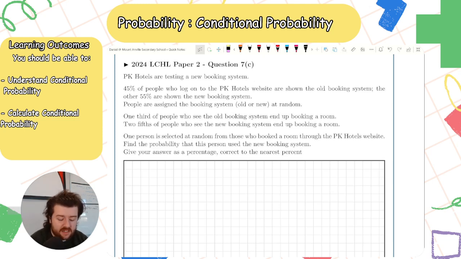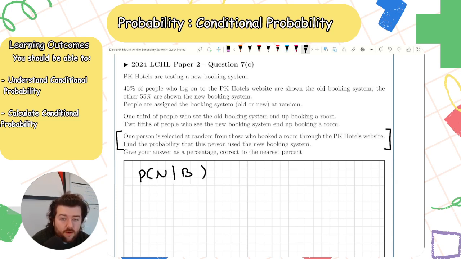This is a lot. So let's just figure out what they asked me to find first. One person is selected at random from those who booked the room through the hotel website. Find the probability this person used the new booking system. So what I'm looking for is the probability they used the new booking system given they booked.